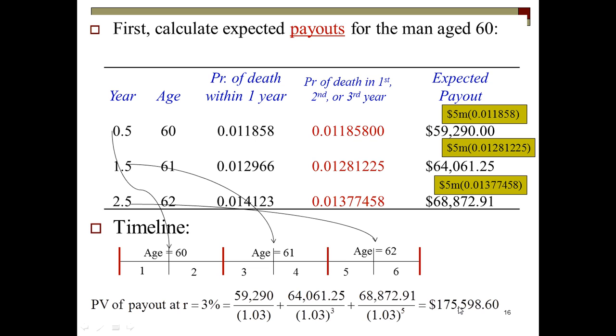Keep in mind that what this amount really is, is the expected value of the payout. Expected value of the payout should actually be viewed as $5 million in the first year, discounted by 1.03 times the probability of 0.011858, plus the second $5 million discounted by 1.03 to the third times its probability of 0.01281225, and finally plus the third $5 million discounted by 1.03 to the fifth multiplied by the corresponding probability of 0.01377458.